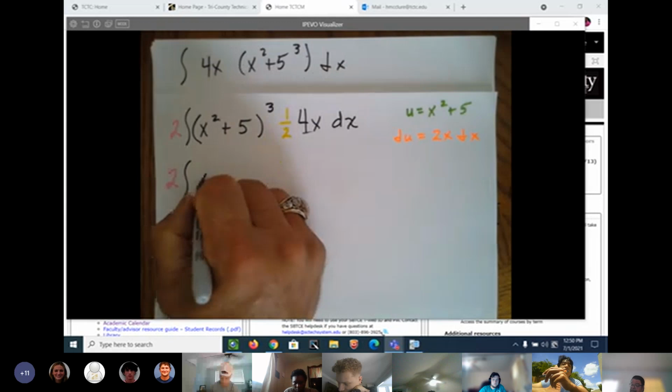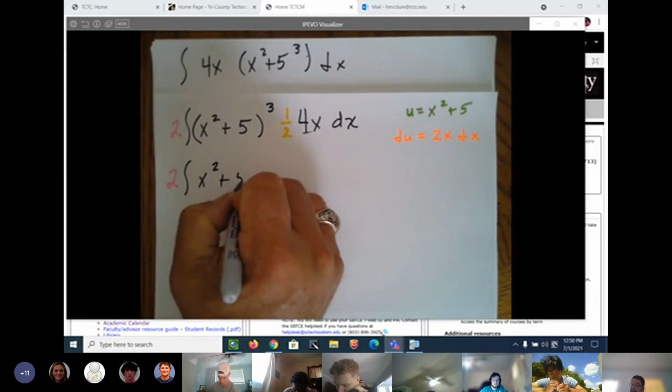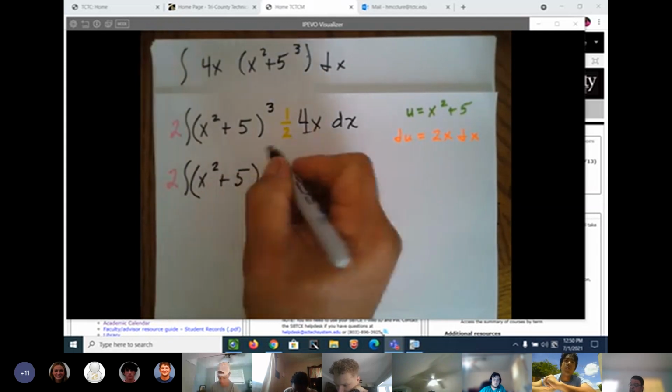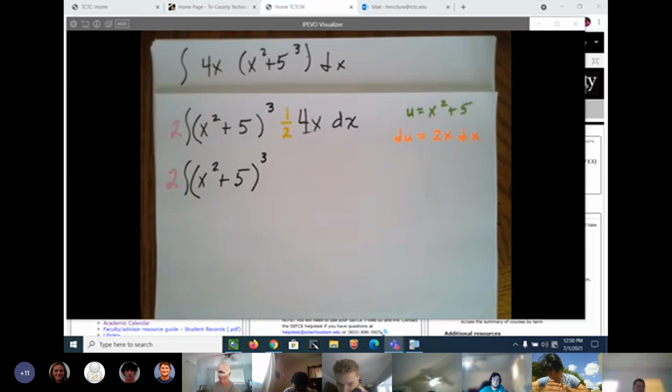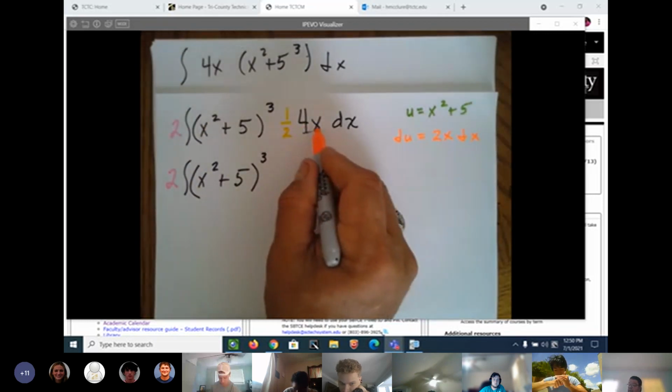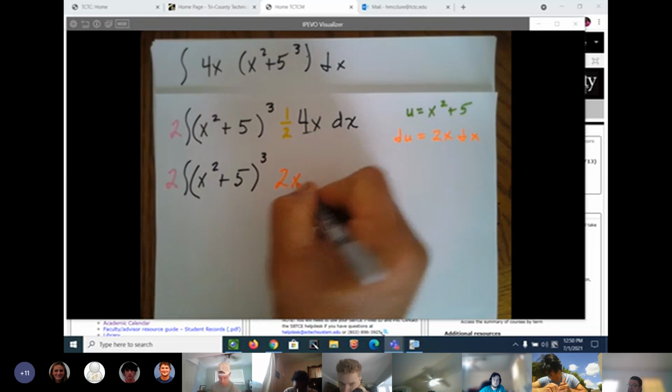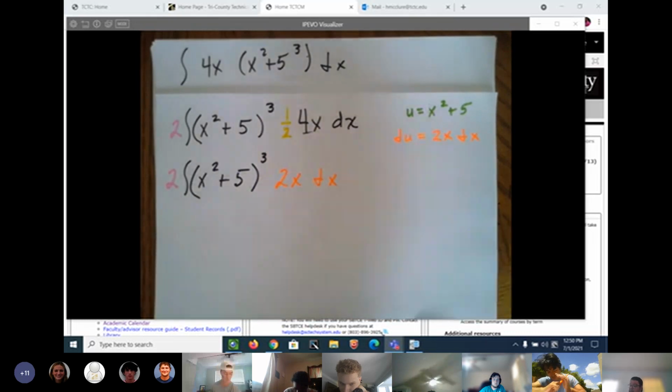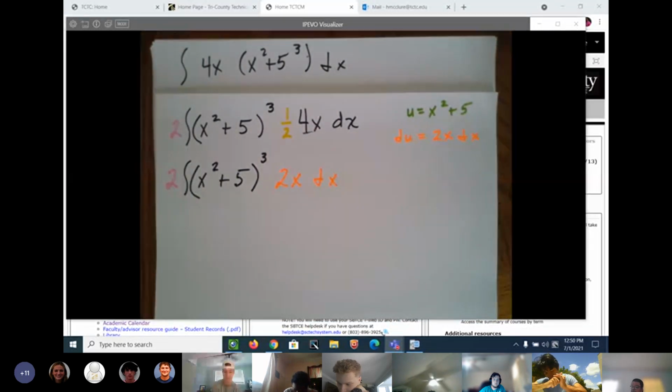Antiderivative of (x squared plus 5) to the third. And now 1/2 times 4 is 2x dx.